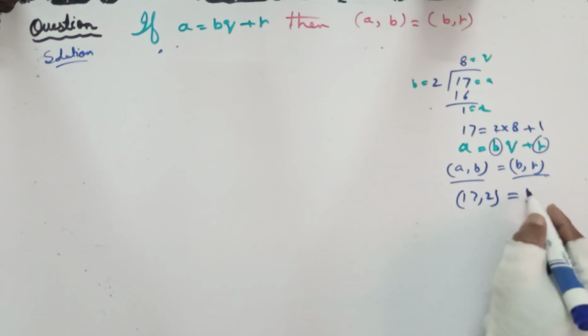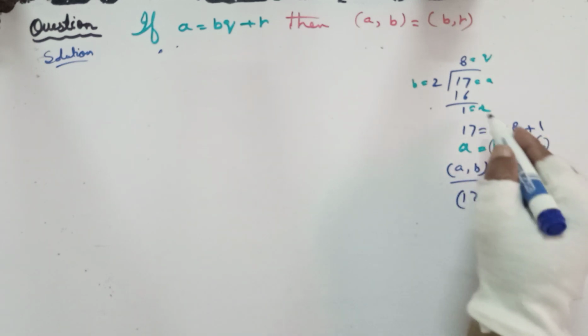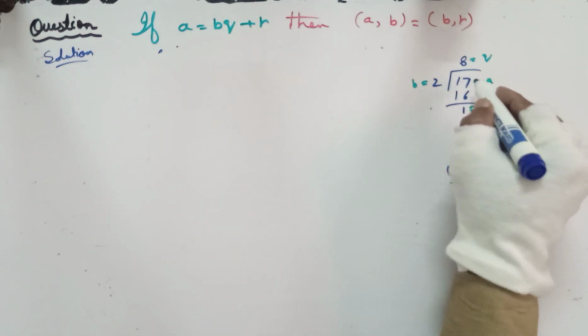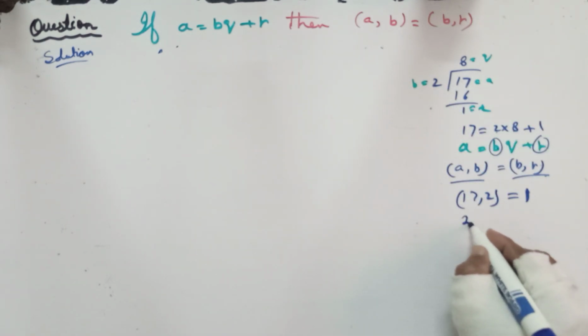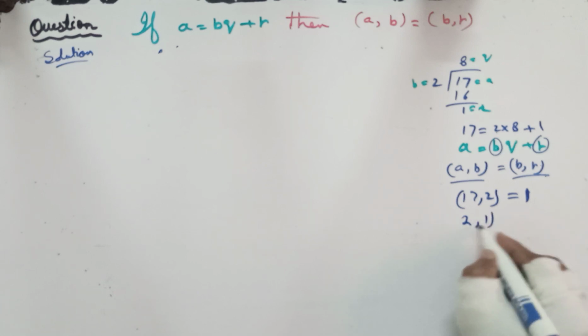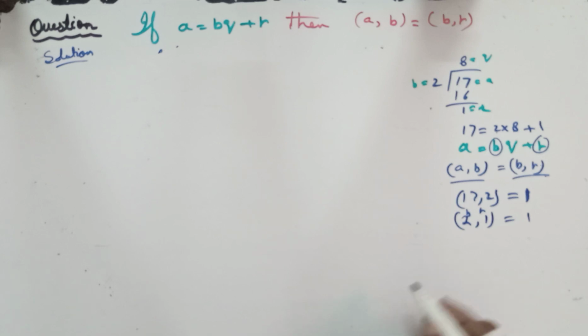The greatest common divisor of B and R, 2 and 1, is also 1. This we want to prove.